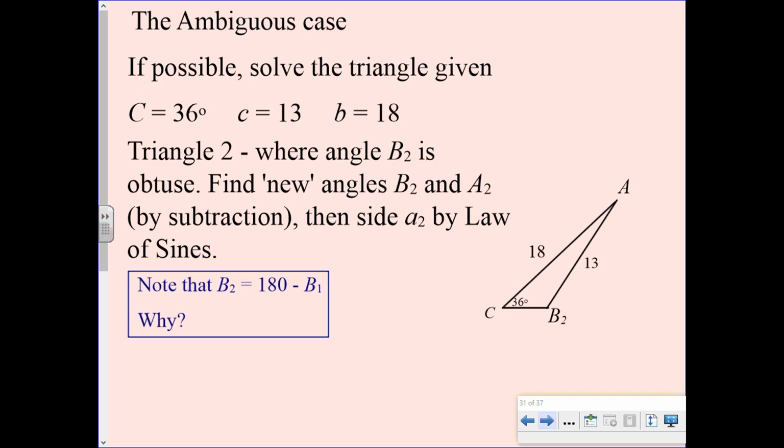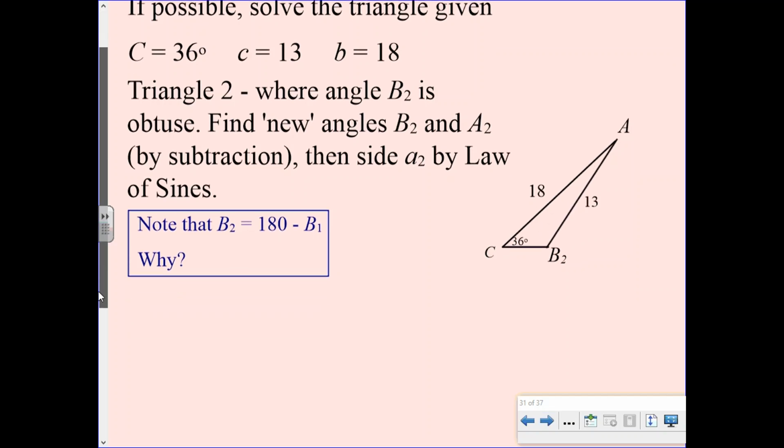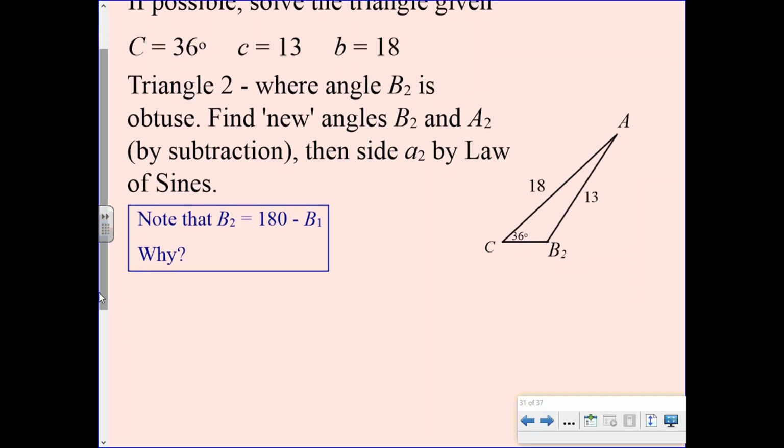Okay? So I go back to my B1 angle, which was 54.47. So my B2 is 180 minus 54.47, so that's going to be 125.53.